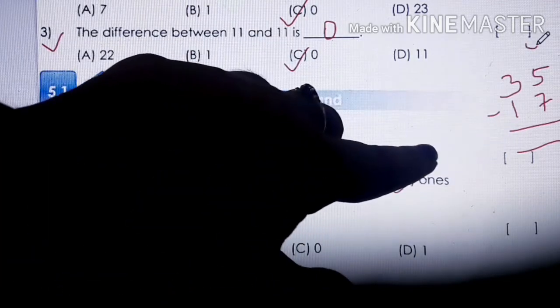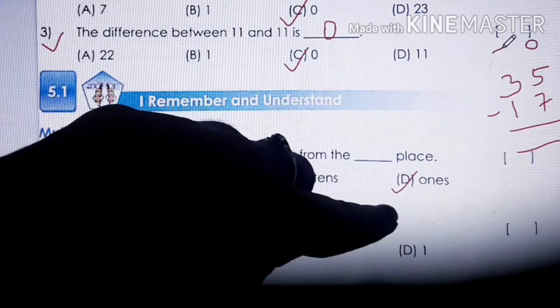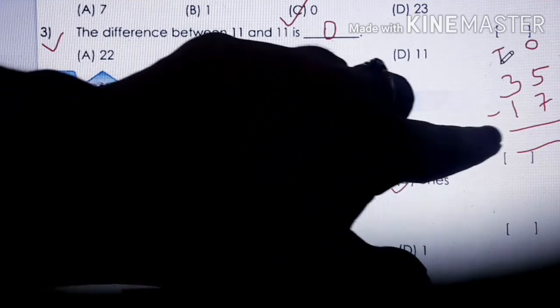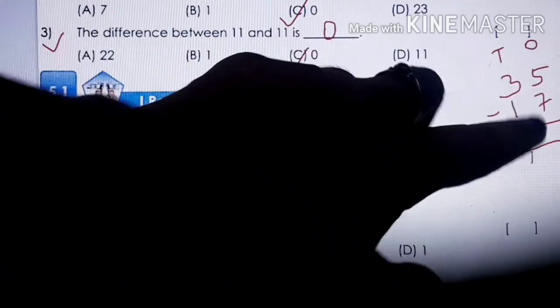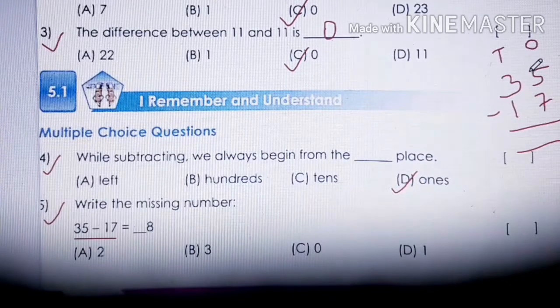So this is ones place. This is tens place. As you can see, 5 is smaller than 7. So we have to borrow 1 from the neighbor, that is 3. So 5 becomes 15 and 3 becomes 2.